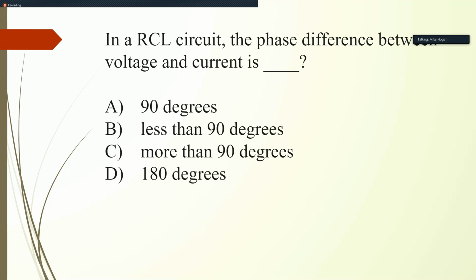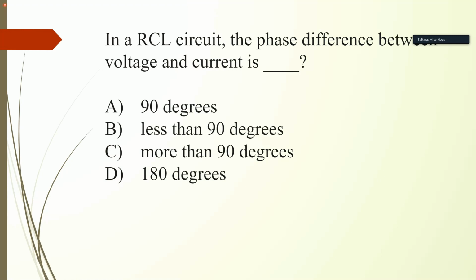In an RCL circuit, the phase difference between voltage and current is blank. RCL means resistive, capacitive, inductive, so in an RCL circuit we've got all 3 of those. We talked about the phase relationship: in an inductive circuit, ELI, voltage led current by 90 degrees.